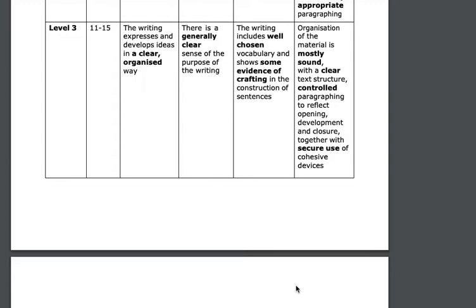Organisation of the material is mostly sound with a clear text structure, control of paragraphing to reflect opening, development, and closure together with secure use of cohesive devices. They're things like but, however, having seen, blah, blah. So, yeah, you have actually got secure use of cohesive devices, which is the participles and things like luckily, later, or however, or in the garden. So you have actually got those, actually. So level 3. So, you've got some evidence of crafting.